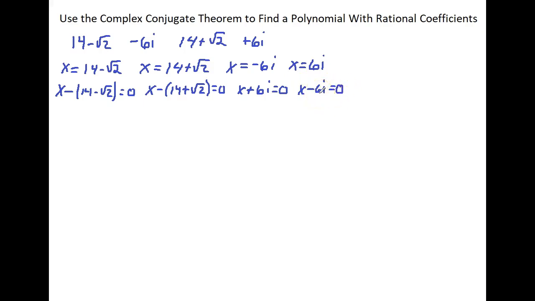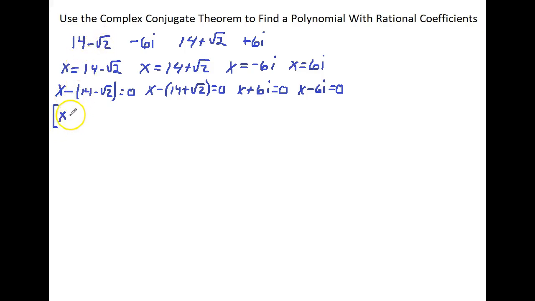Now, what I'm going to do, I am going to just work with the ones with the radicals first. All of these are going to get multiplied together. So here's what I'm going to do. Before we even do that, I'm just going to put them all together. I'm going to use brackets. I'm going to say x, and then I'm going to distribute my negative.